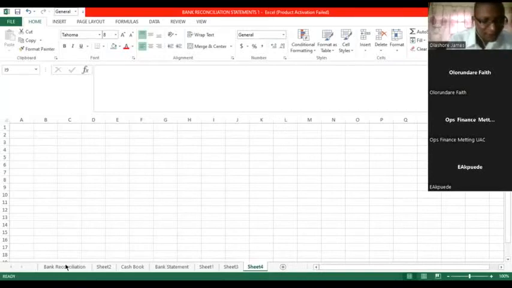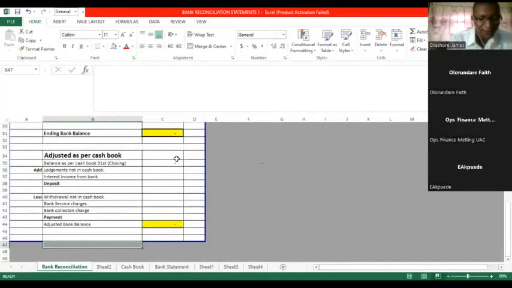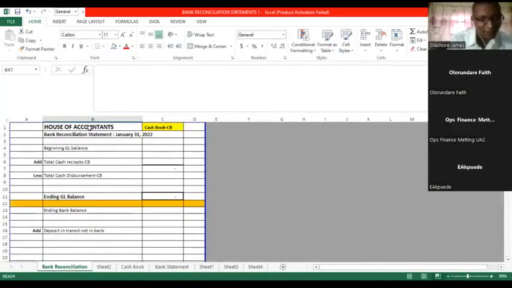What next to do after we have been able to see what we have seen and the ones we didn't see? So this is the format we are going to use now. This is the bank reconciliation statement. So this is as at the date we are doing the reconciliation. The first thing to do is to make sure that your ledger, what you have there, is actually correct.